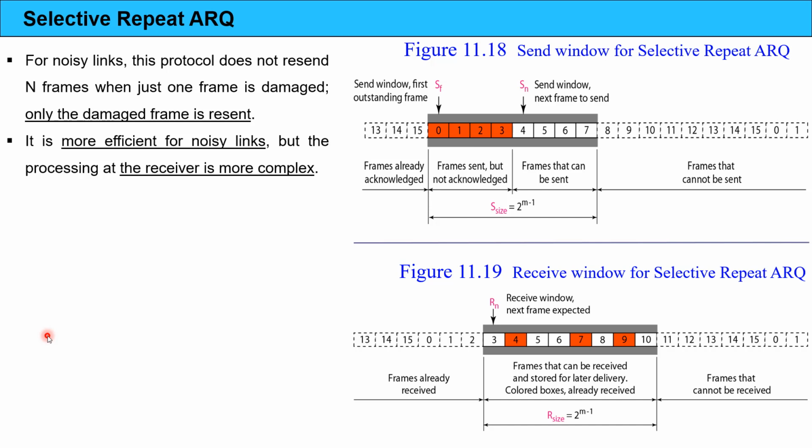So the main advantage in Selective Repeat is that we only resend, retransmit, the damaged frame or the error frame.